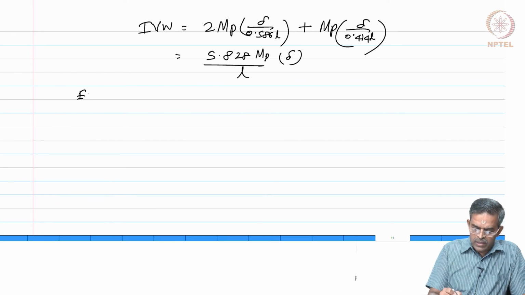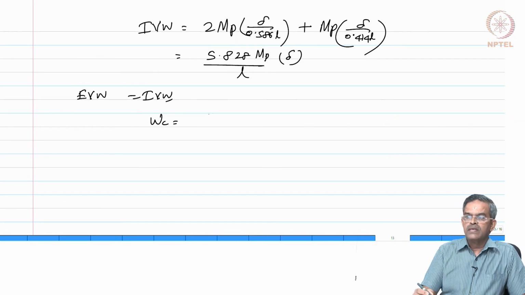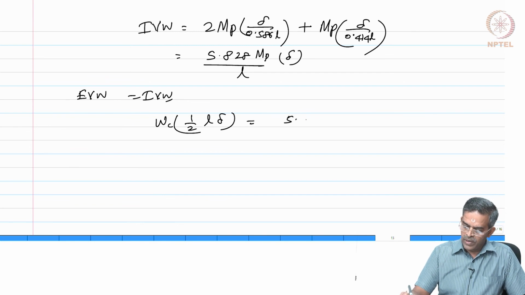So, by equating external virtual work to internal virtual work, we get WC. Let us equate this. WC into half L del is 5.828 MP by L del. So, del goes away.